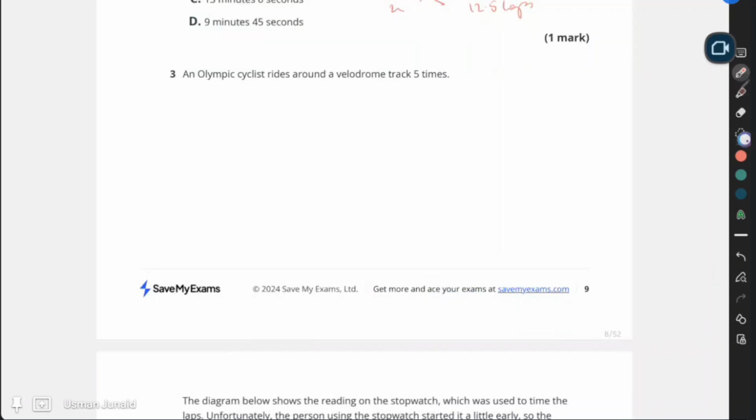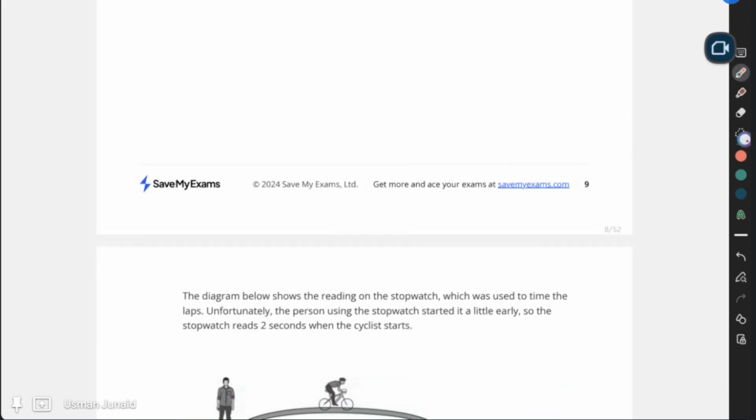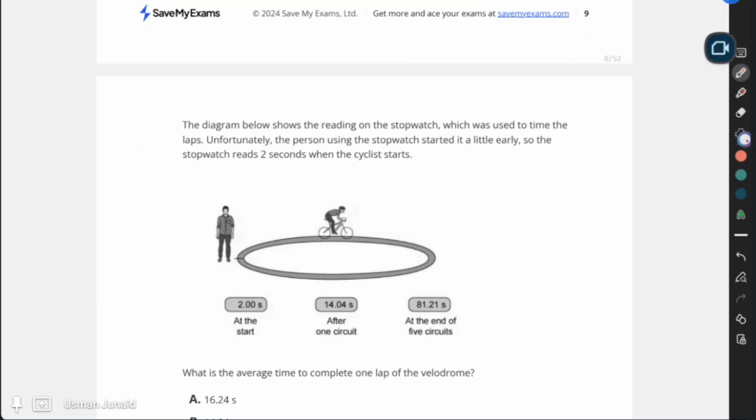An Olympic cyclist rides around a velodrome track 5 times. A velodrome track, I don't know if you've seen, but they're like circular and you ride inside them. It shows the reading on the stopwatch, which was used to time the laps. Unfortunately, the person using the stopwatch started it a little early, so the stopwatch reads 2 seconds when the cyclist starts.